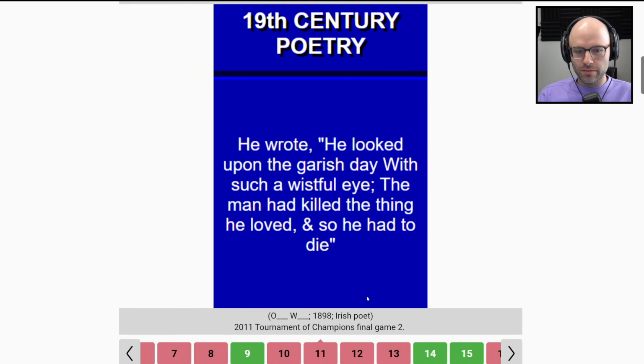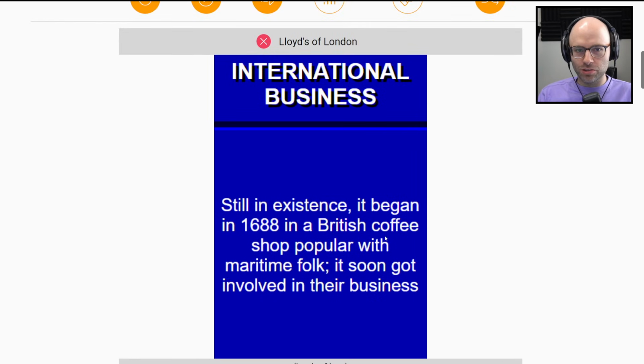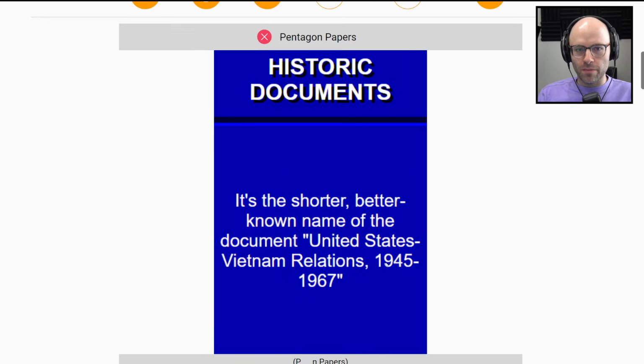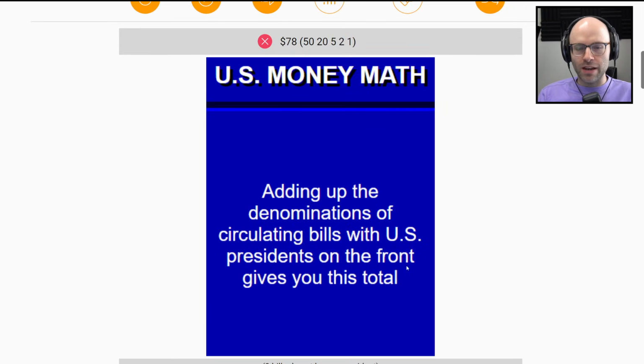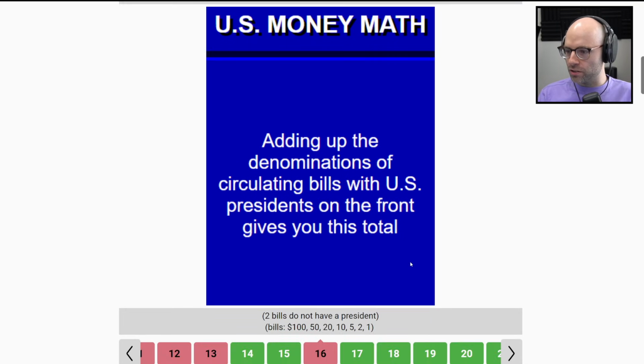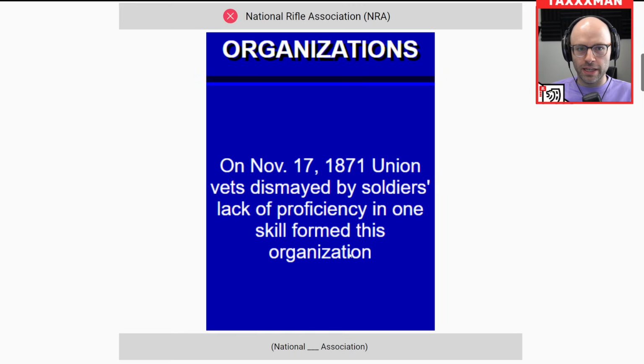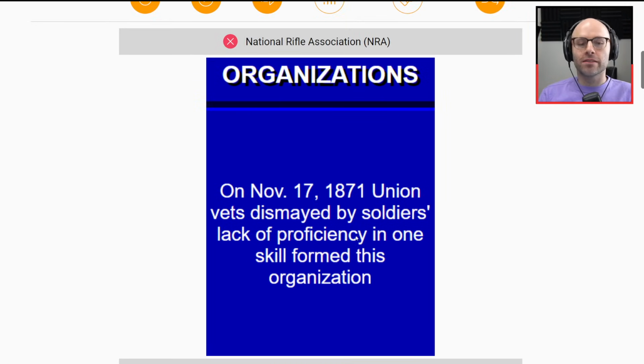Oscar Wilde. That would have been a better guess. Lloyd's of London. I don't even know what that is. I thought it was like an insurance company. The Pentagon Papers. 78, 50, 20, 50, 50, 25, 2, 1. There's a $2 circulating bill. We went on a bit of a hot streak, and then NRA.